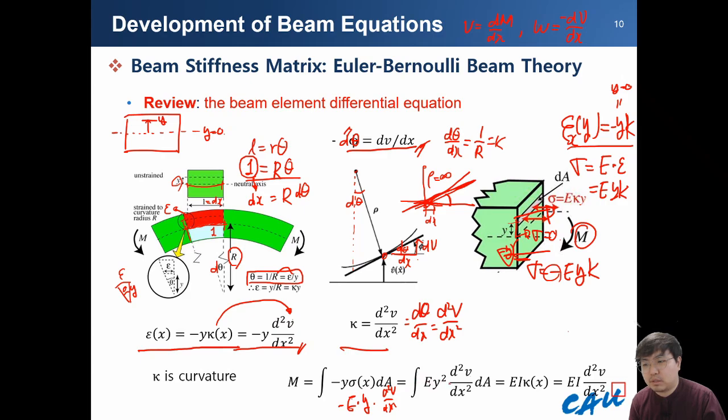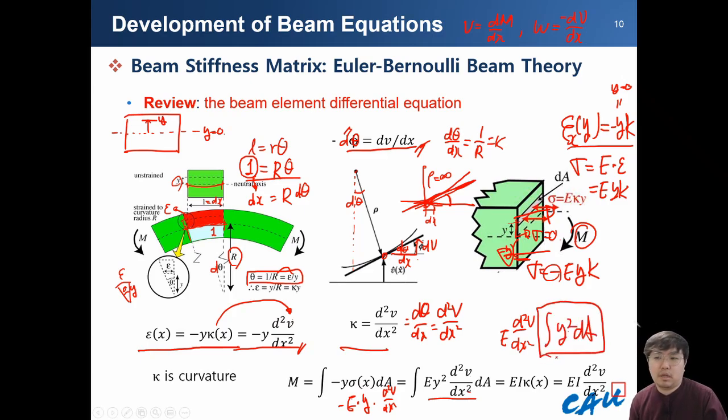Young's modulus and the transverse displacement are independent of the cross-section area, so what is the integral of y squared over the cross-section area? That is the moment of inertia, which we call I.